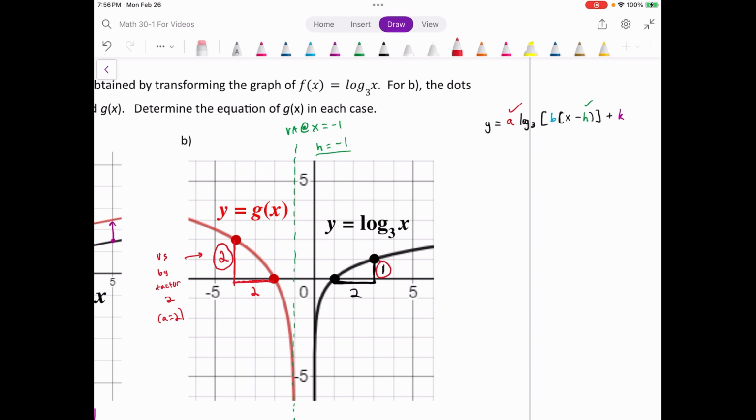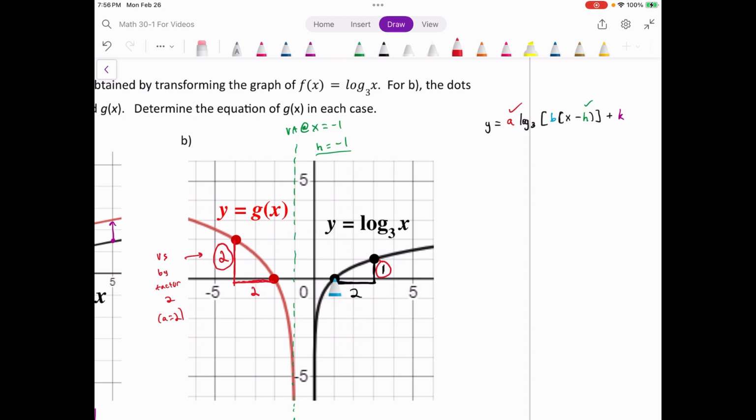Okay, well, b, we can tell there wasn't a horizontal stretch, right? If these 2 points were corresponding, they're still, on the x-axis, 2 units apart, right? Yes, they're now twice as far apart from each other vertically. That's why there's been a vertical stretch. But horizontally, they're still separated by the same distance. So there hasn't been a horizontal stretch, but it's pretty clear that there's been a horizontal reflection, right?